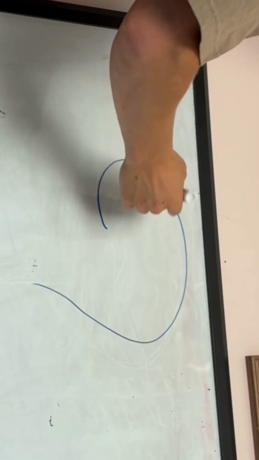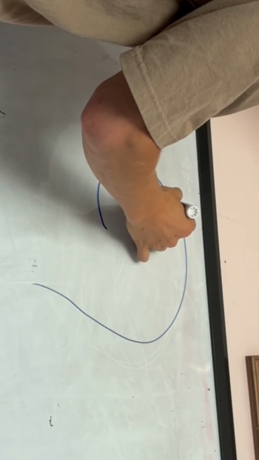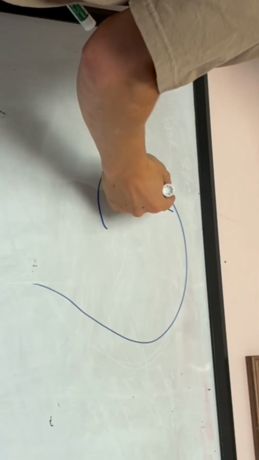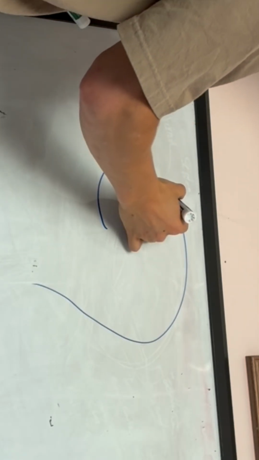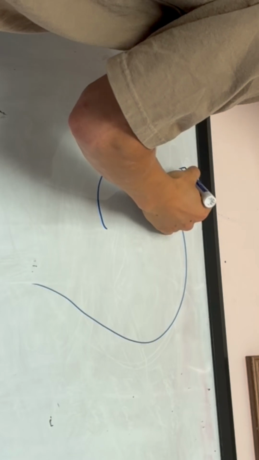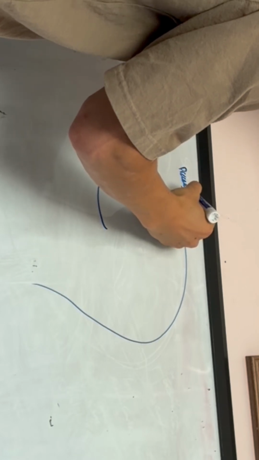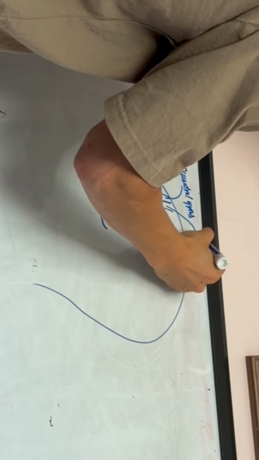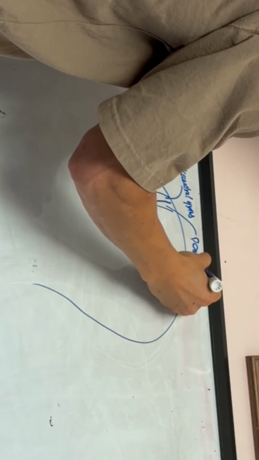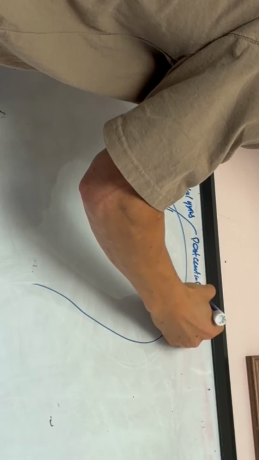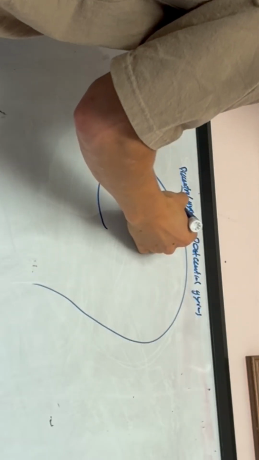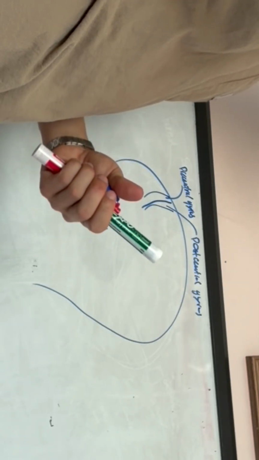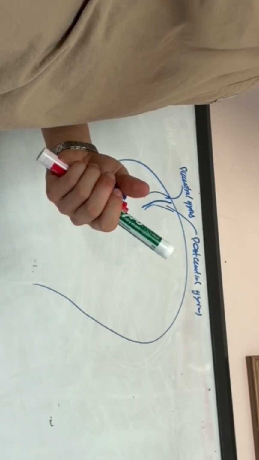We have the frontal lobe, central sulcus, precentral and postcentral gyruses, postcentral gyrus, and here, right in between both of these gyruses. The gyruses are the thicker part. The sulcuses are in between the thicker parts.